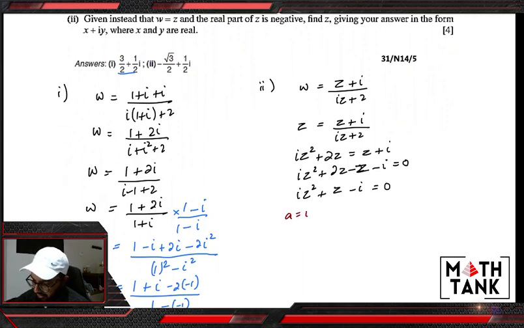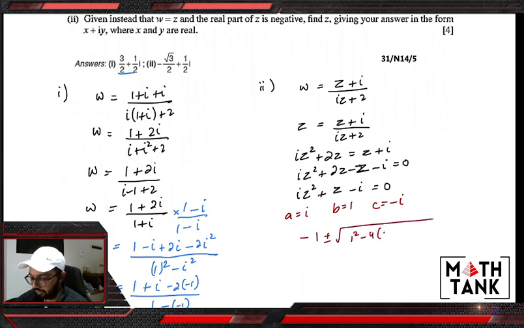Can I say that a is i, b is 1, and c is minus i? You see, the question expects you to do the entire quadratic formula manually rather than putting it on a calculator. So you have to do that, minus b plus minus root of b squared minus 4ac over 2a.